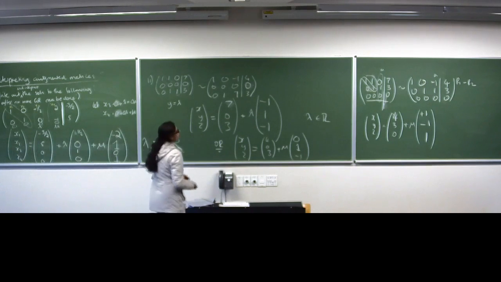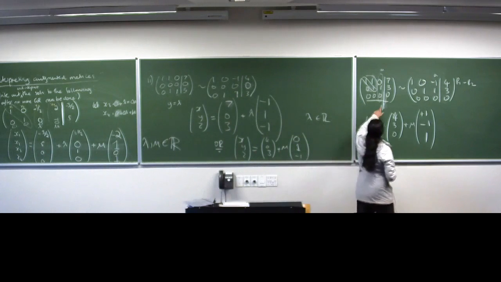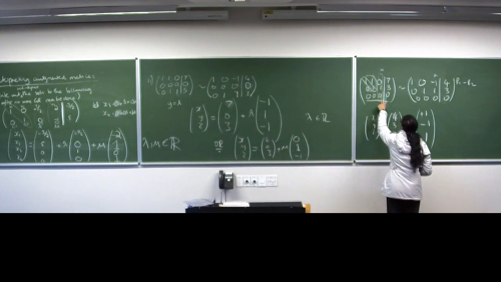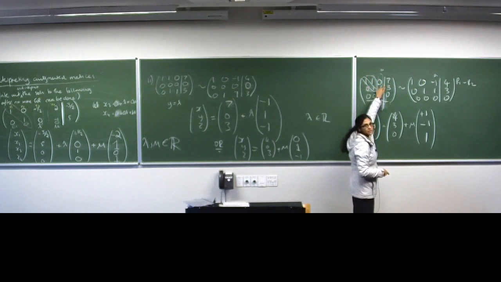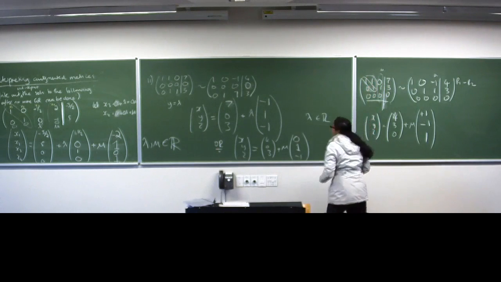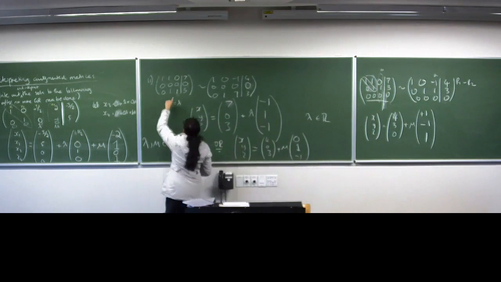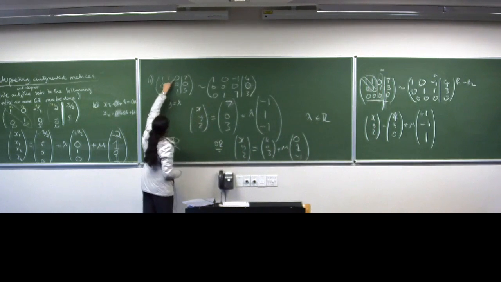Oh, because I'm saying if I let my z equal to mu, I've still got something here. So I'd still be saying x plus y plus something. So that's why I want to Gauss reduce here. Here, I said this column is my y.